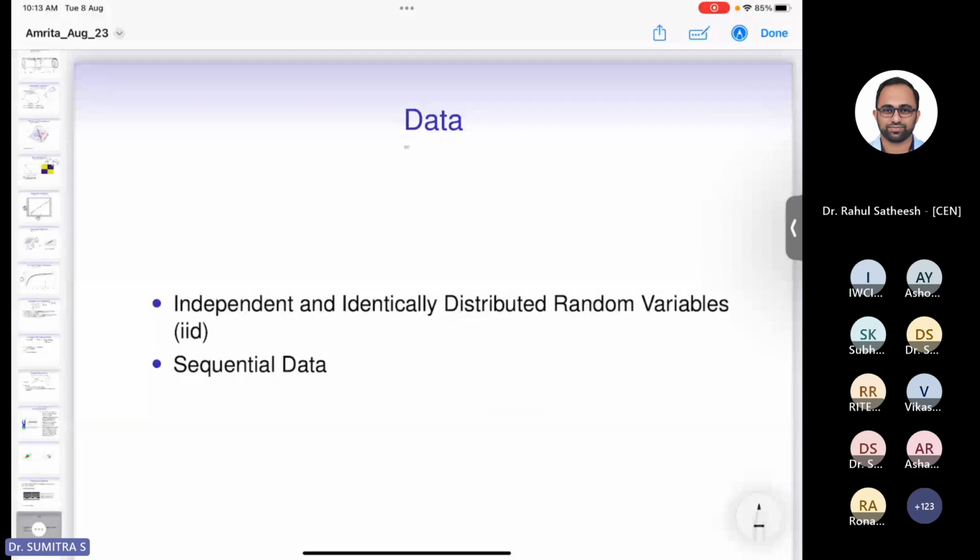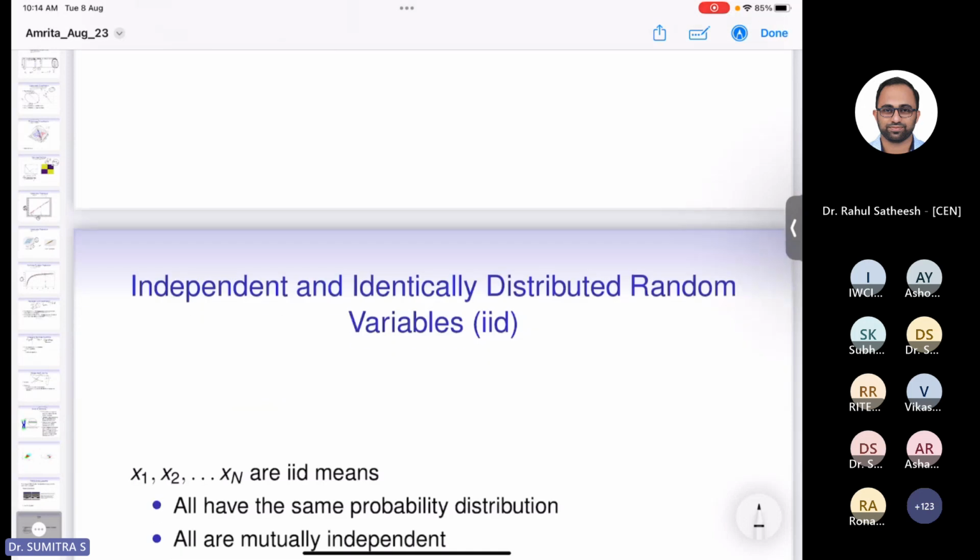Now, the data itself is divided into two types. Some data we call IID, which means independent and identically distributed data. Some we call sequential data.